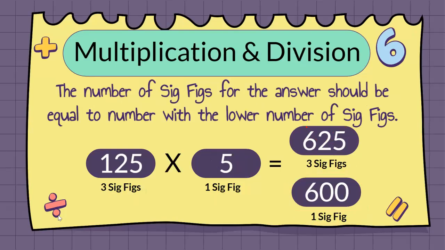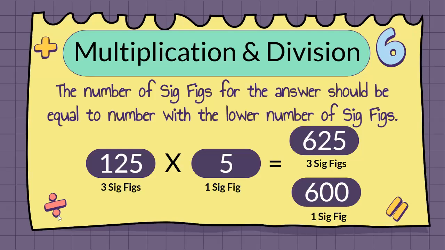Multiplication and division, however, depends on the number of sig figs. So the number of sig figs for your answer should be equal to your number with the lower number of sig figs. For example, when we multiply 125 times 5, our calculator is going to tell us 625, which is 3 sig figs. 125 has 3 sig figs.